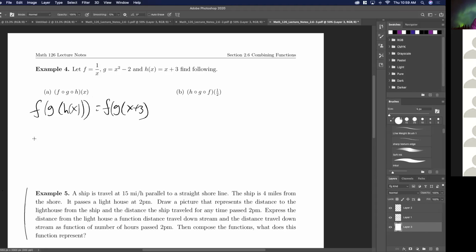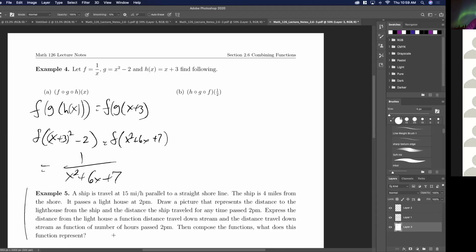So here I'll get f of x plus 3 squared minus 2. That simplifies to f of x squared plus 6x plus 9 minus 2, so it'll be 7. And I plug that all into here, so I'll get 1 over x squared plus 6x plus 7.